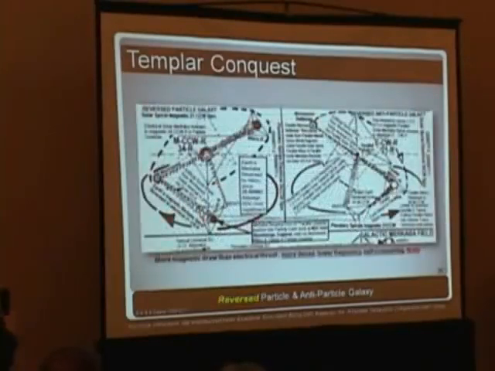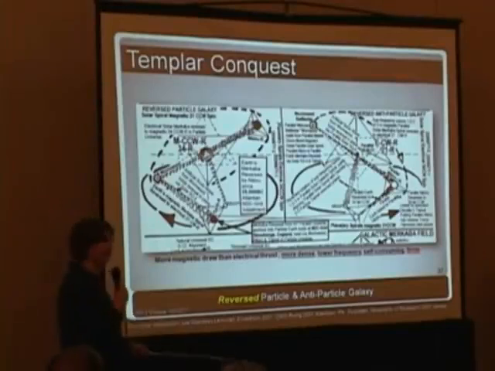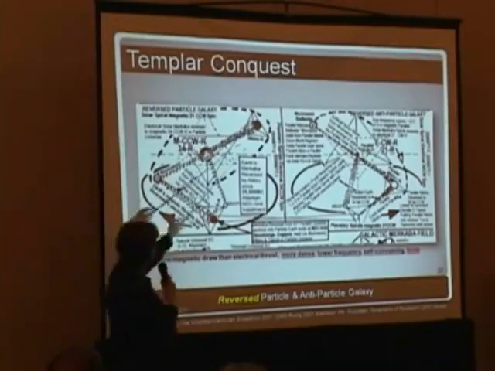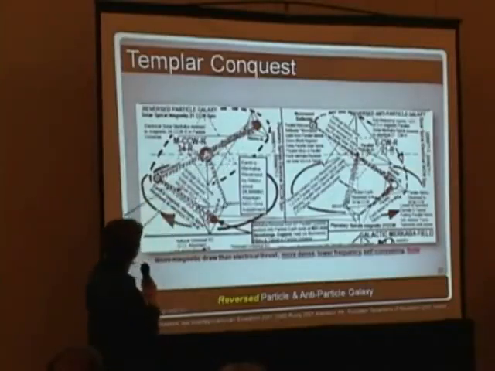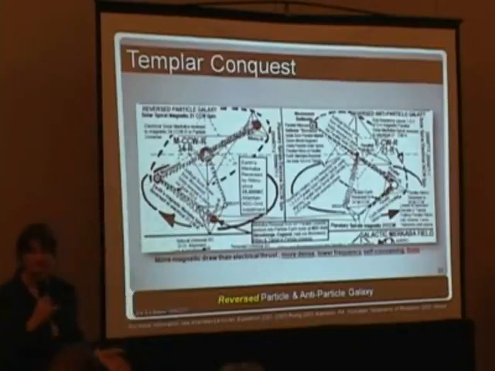So now look at this mess. This is the reversed particle-antiparticle galaxy. Here's Nibiru, here's Wormwood, here's the sun. The Merkaba spirals are all connected, and it's creating a terrible mess. Okay, so you can see the difference visually, correct? Sure.